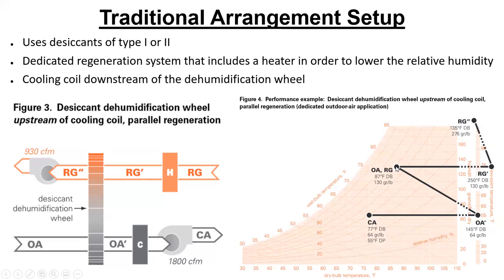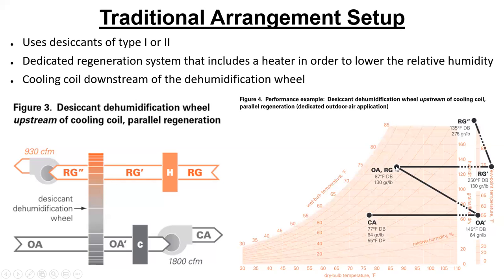Go back into your chemistry days and remember all those wonderful tales of molecular energy and how you can have spin, vibrational energy, and translational kinetic energy. Those little molecules have all that energy, and then they stick to that desiccant, while that energy gets dissipated into the desiccant as heat. So just the process of grabbing the molecules causes the desiccant to heat up, and the desiccant was already heated up because we blew 250-degree air across it.